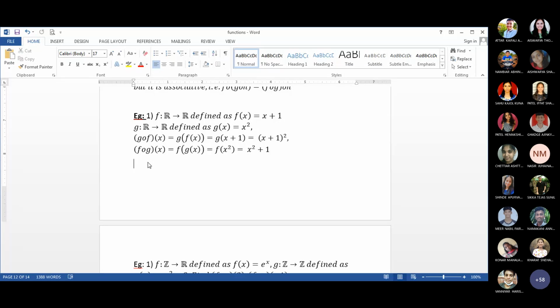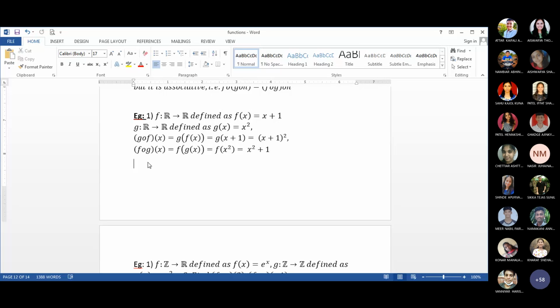Similarly, we can solve the second part. F composed with g of x is f of g of x. So when you write f of g of x, तो पहले ब्रैकेट के अंदर वाला फंक्शन का सॉल्व करना है, फिर बाहर वाला फंक्शन का सॉल्व करना है. तो g of x को सब्स्टिट्यूट करना है. तो g of x क्या है? x square.